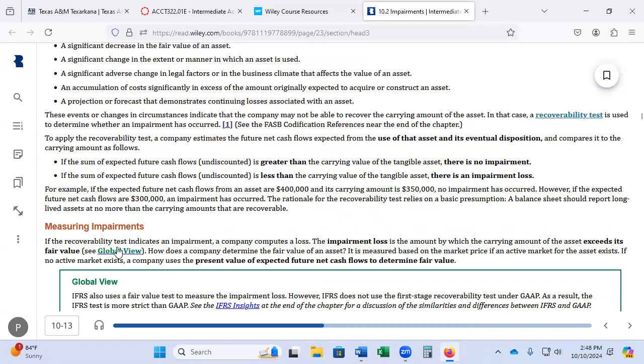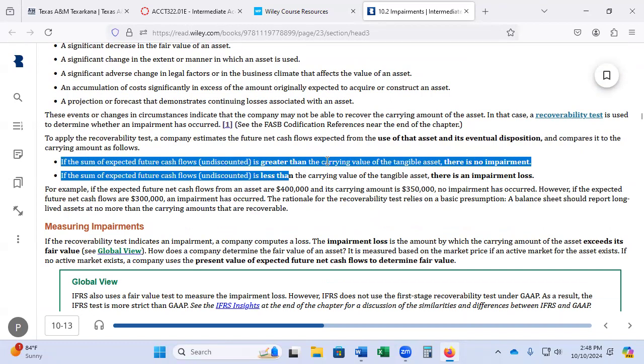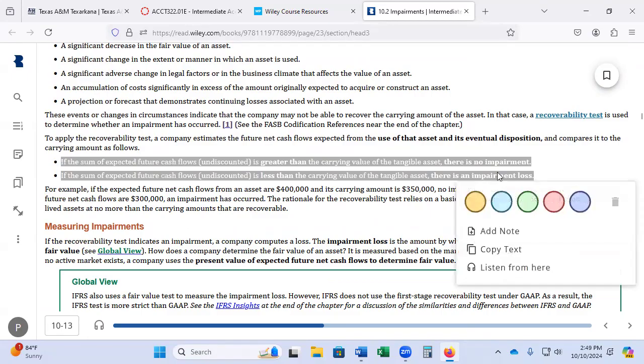All right, so I did have this backwards in my notes. So here's the notes that we need. My apologies for that.